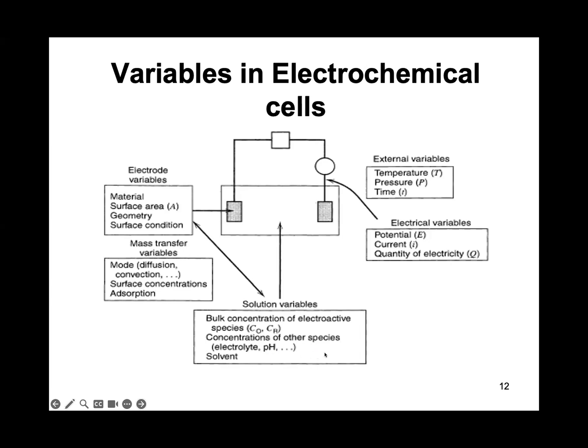So these are all something that we have to do some experiment to optimize: the types of electrolytes, the concentration of electrolytes, the potential, what kind of material we want to modify the surface of the electrode with, and do we need to control the temperature? Do we need to control the pH? Those are parameters that we have to study in order to get a better reading.